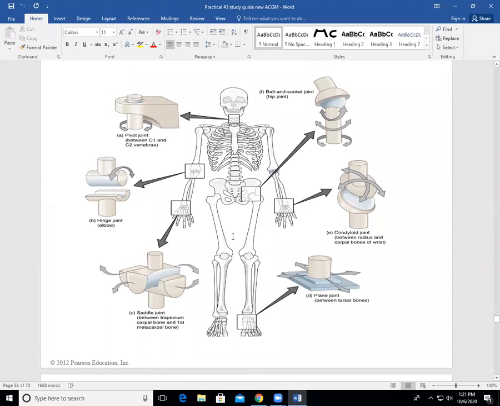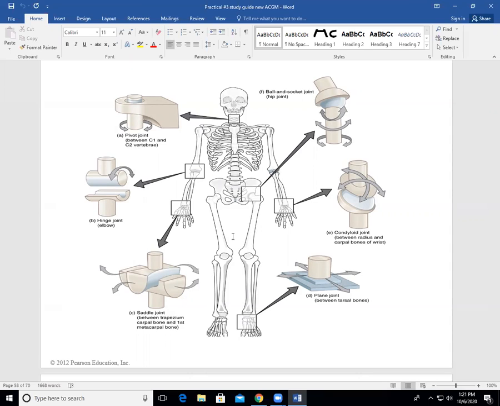So under that synovial joint, we can break them down into different types of joints as well. Between your C1 and C2, your atlas and your axis, cervical vertebrae, you have a pivot joint. It allows you to turn your head, say no. In your shoulder and your hip, you have ball and socket joints.